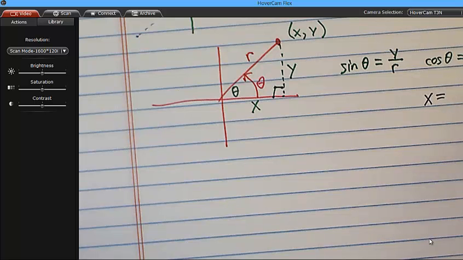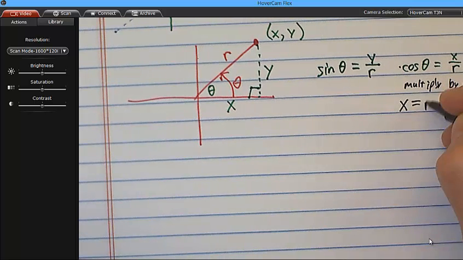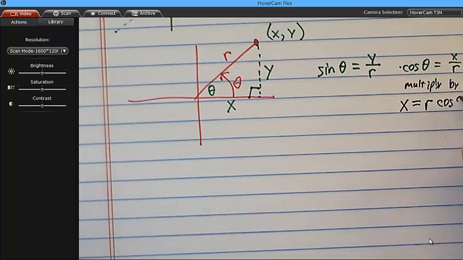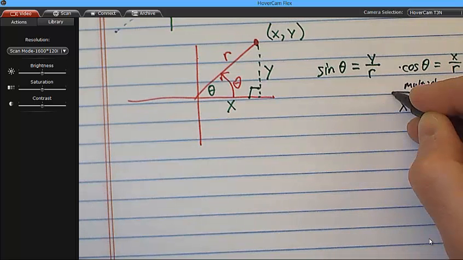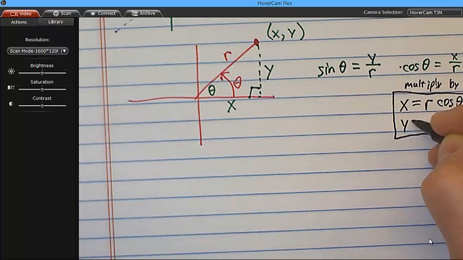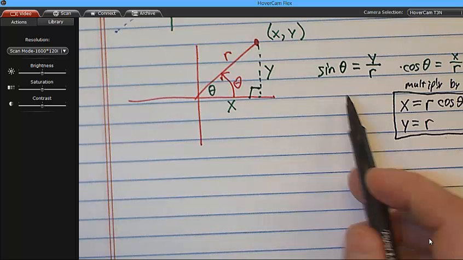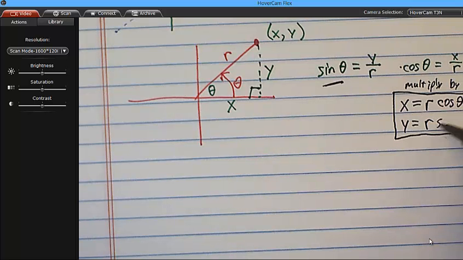If I multiply by r, I'm going to get that x equals r times the cosine of theta. And what do you think I'm going to get for y then? Y equals r times cosine theta? R times, oh, sine theta. Sine of theta.